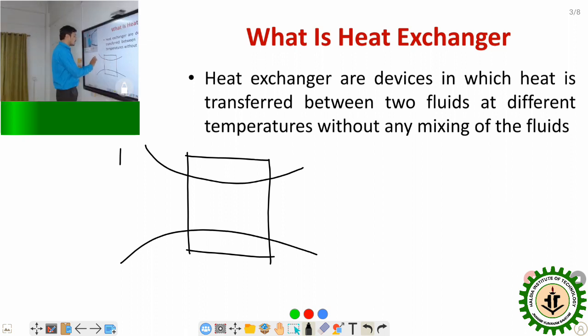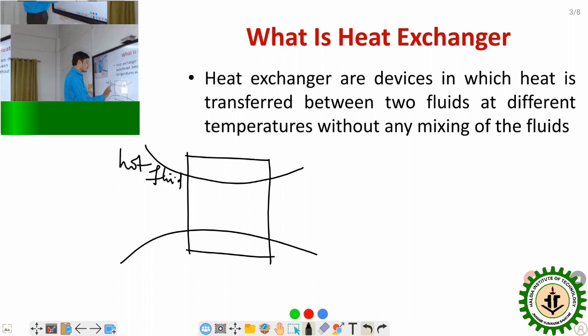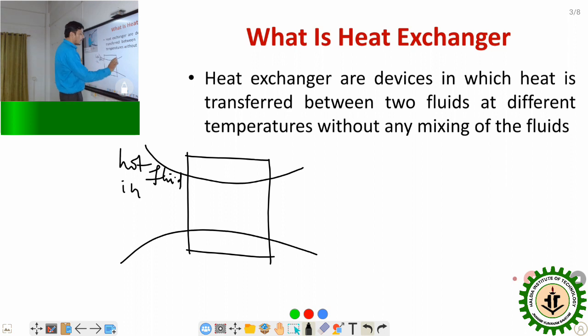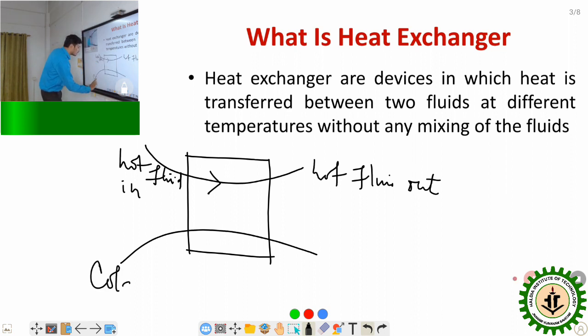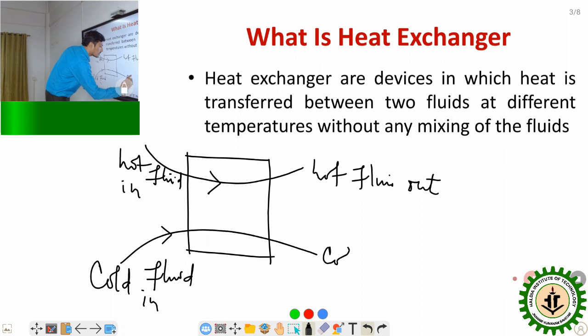Here it is the hot fluid in, with the arrow symbol, and this one is the hot fluid out. And this one is the cold fluid, which takes the entry, that is cold in, and this is the cold out.